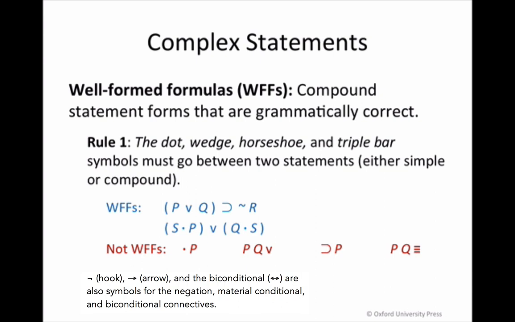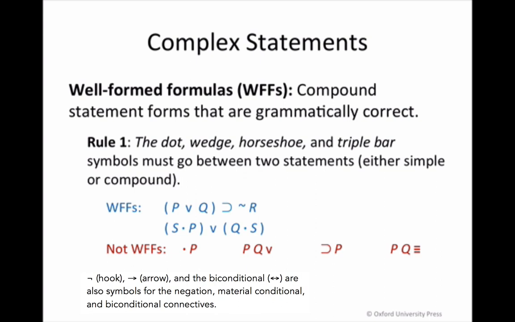And a well formed formula is just logic's version of a grammatical formula. So you need to make sure that, for example, your tilde is to the left of whatever's being negated. You need to make sure that your dot is always in between two sentences, that it's never out front of a string of letters.